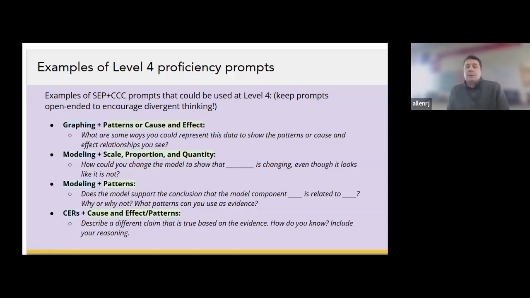So these are just some examples, patterns and cause and effect with graphing, and just some different ideas of some higher level thinking that the kids can do and try. So then each assessment or assignment would be different. These prompts you could give a student if they needed them.